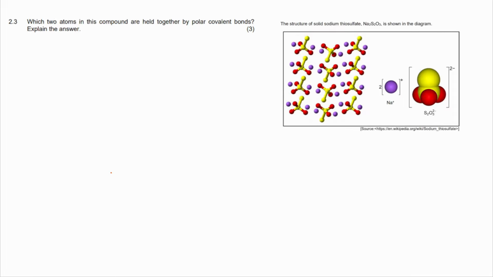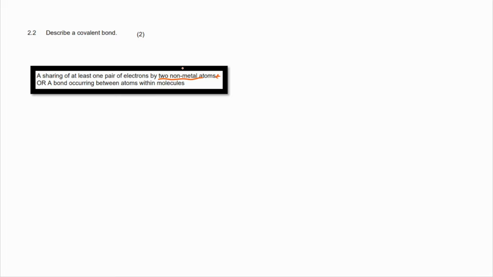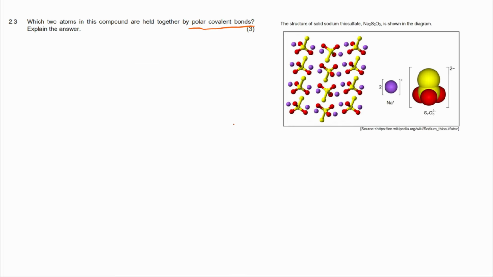All right. So which two atoms in this compound are held together by polar covalent bonds? Well, we know covalent bonds are when we have two non-metal atoms. So it's going to have to be happening here in our thiosulfate. But very important, I say which two atoms in this compound. So it's going to be the sulfur atoms and the oxygen atoms because they are non-metals. So we have to explain that.